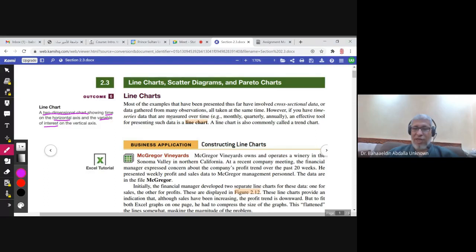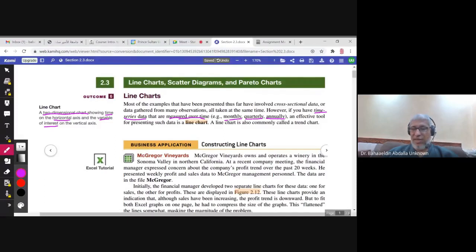if the variable changes over time, if you remember, then it is called time series data. So actually the line chart displays the time series data, which changes over time, each month or monthly or quarterly or annually. We studied 2 types of data. We said that we have time series and we have cross-sectional data.